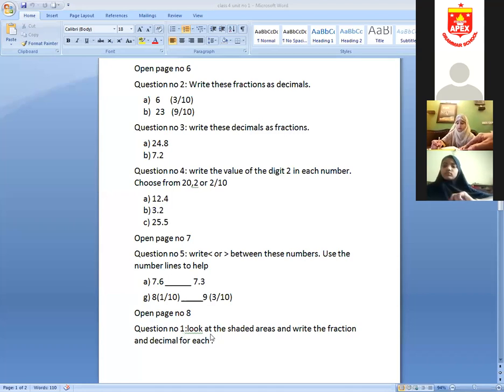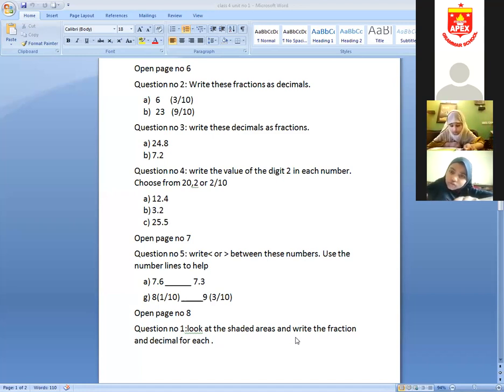They are saying, look at the shaded areas and write the fraction and decimal for each. There are parts from A to F. You have to do what in these? They are saying, look at these pictures and shaded areas and write the fraction and decimal for each.